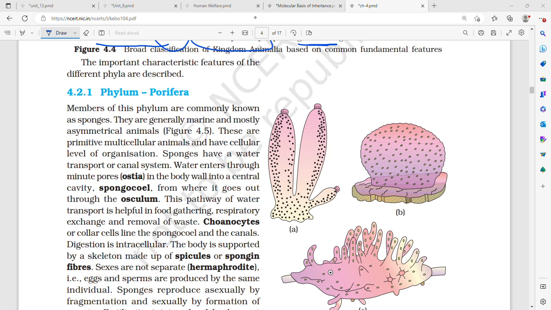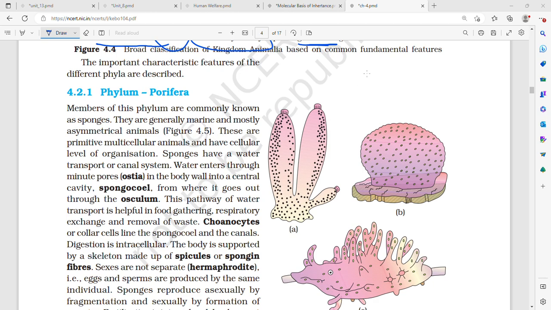Whereas diploblastic animals have ectoderm and endoderm, and in the middle of ectoderm and endoderm they also have mesoglea, a jelly-like undifferentiated layer.